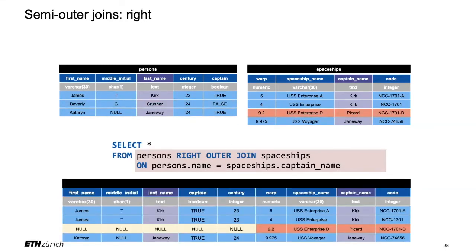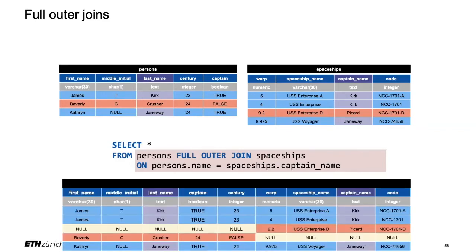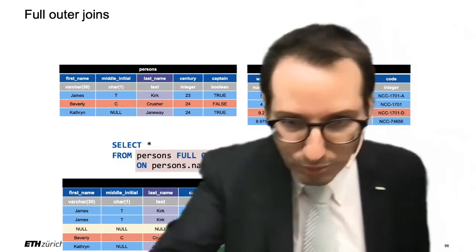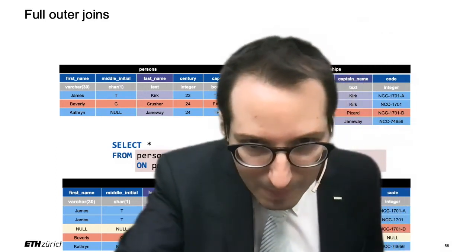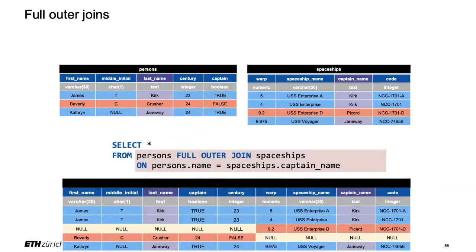Right and left. Then you might want to do both left and right, and you can. And then the magical Harry Potter formula is full outer join, in which case you include both tuples. Maybe I can, for the people in the room again, make sure to show everything. There you go.